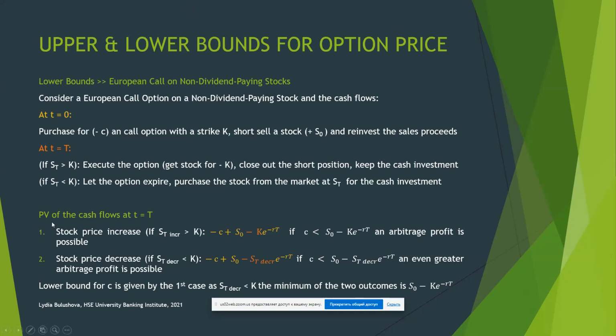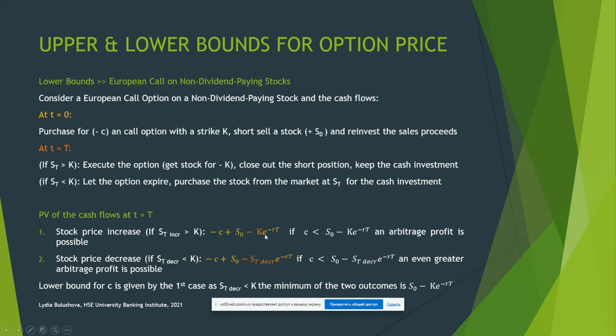So now look at the bottom of the slide at number 1. Stock price increase. With yellow, we have what we've got at time t equal to 0. Minus C, I paid premium, plus S sub 0, I short sold the stock, so I got some money.